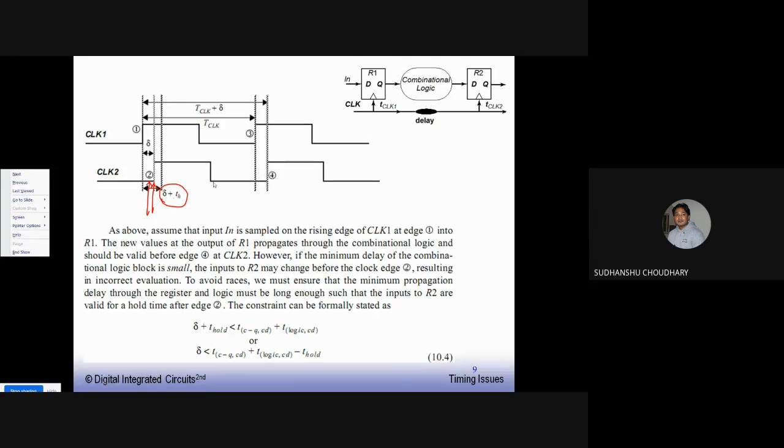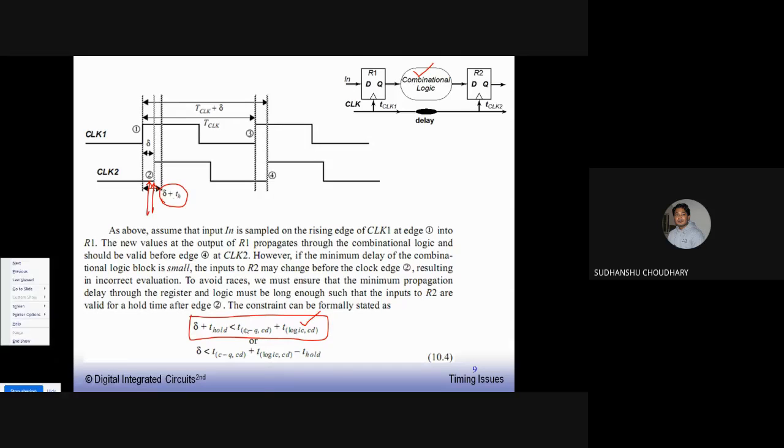So I want to hold the data constant for a certain amount. What is that amount? It is the propagation delay or the contamination delay, the minimum delay, of this combinational logic block plus the contamination delay or minimum delay of this register. That should be greater than delta, that is skew, plus some hold time.